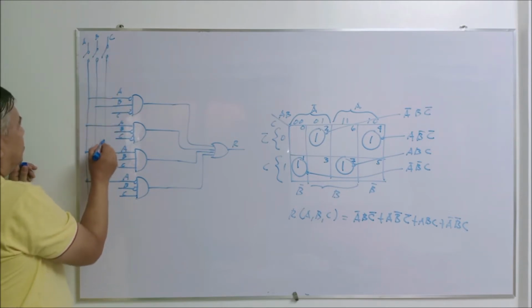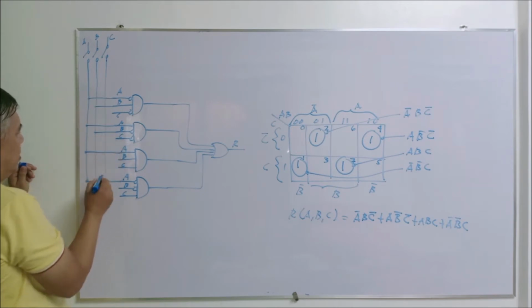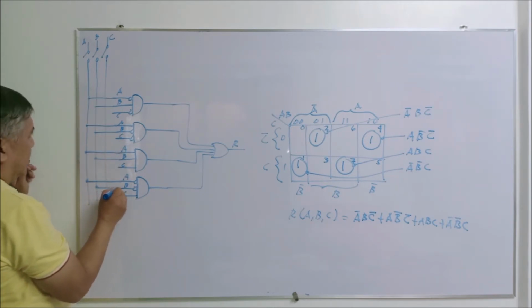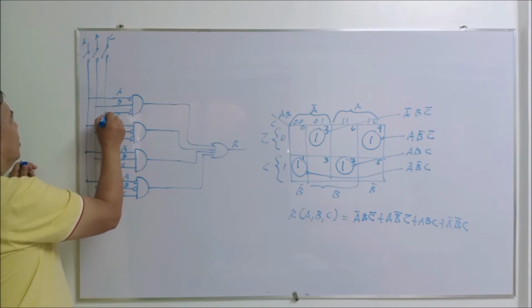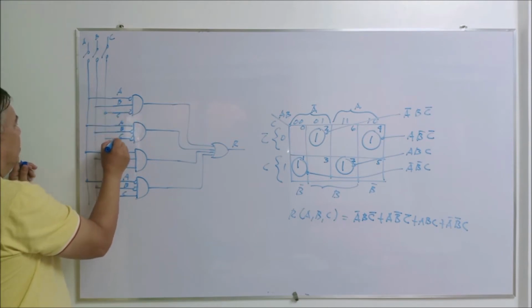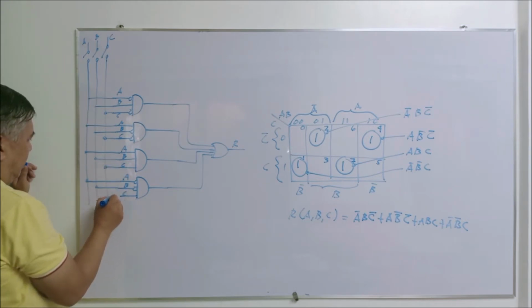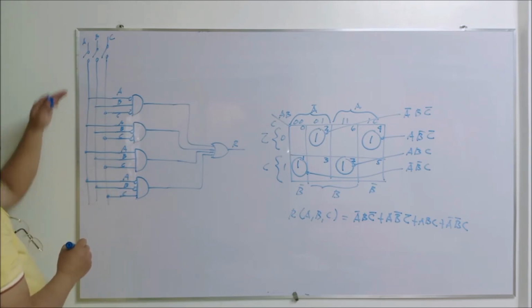Then B, all of the variables B here will have to be connected in this area. So that is B, this one, then C here. Okay, so that will be our connection.